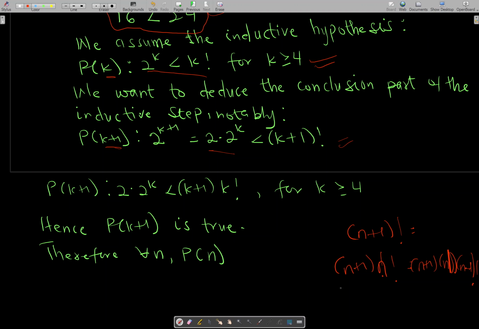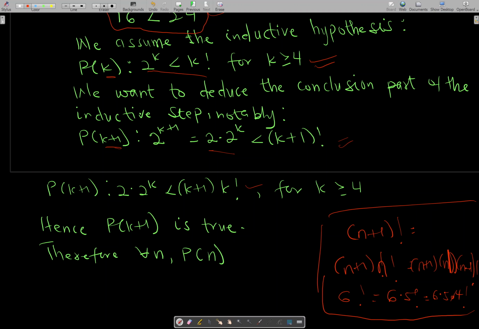For instance, 6 factorial is the same as 6 times 5 factorial, which is the same as 6 times 5 times 4 factorial. This is what I mean. So now (k+1) factorial is the same as (k+1) times k factorial.